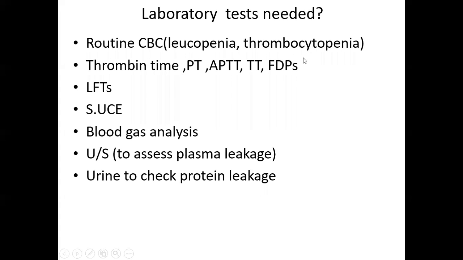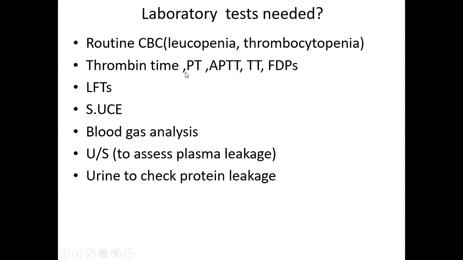For the bleeding diathesis, the bleeding tendency, we perform the thrombin time, prothrombin time, fibrin degradation products, and the activated partial thromboplastin time.